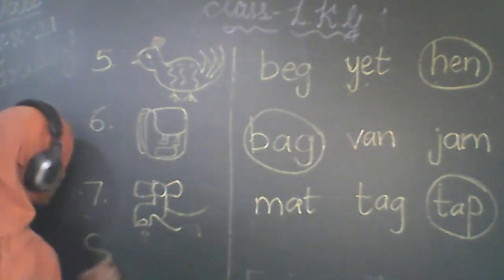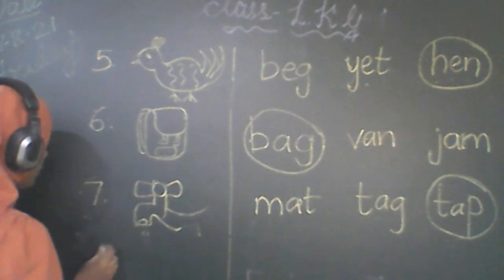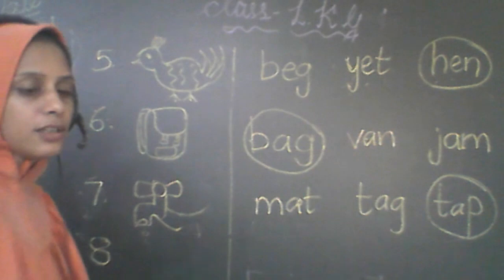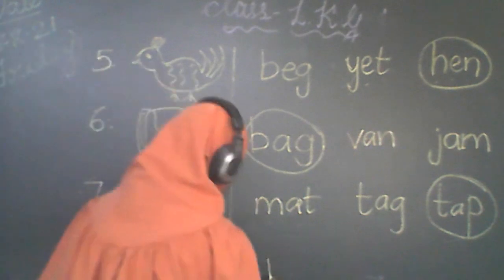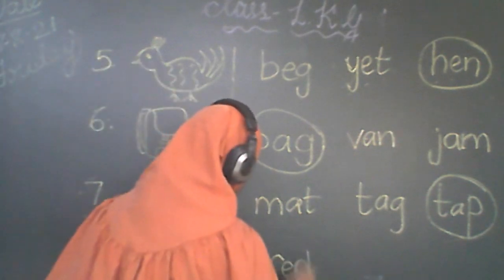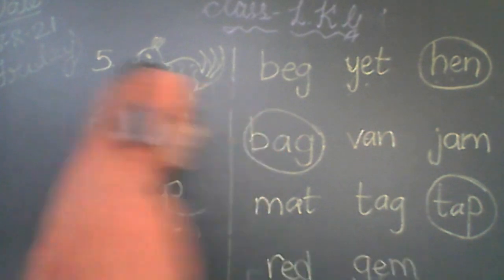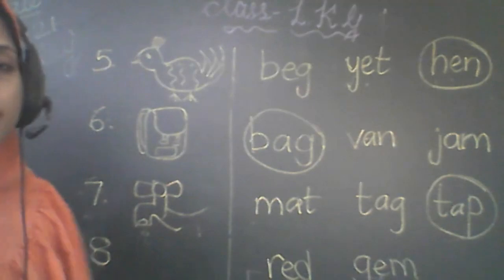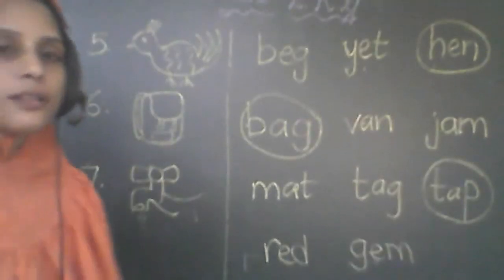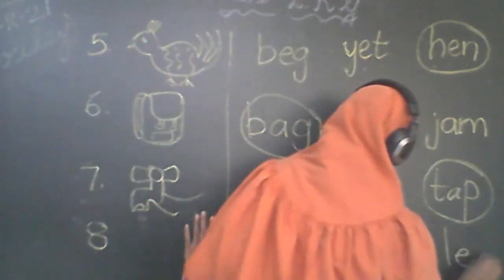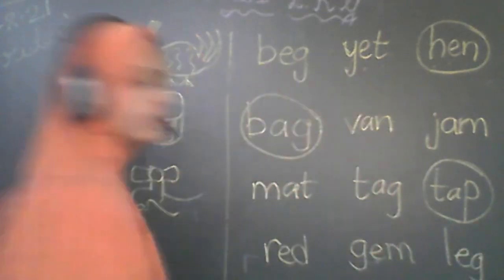And the last one is the picture of red color, है ना? Red. So let's find out the correct word for red. We have to read it and encircle the correct word. Chalo, read.